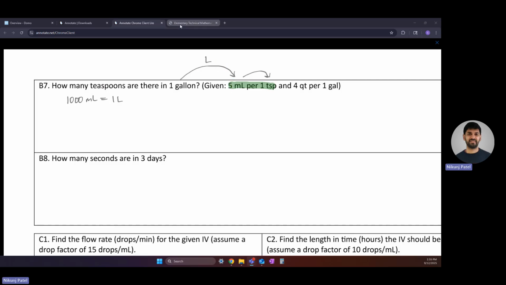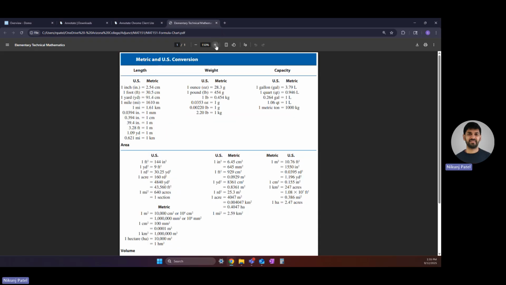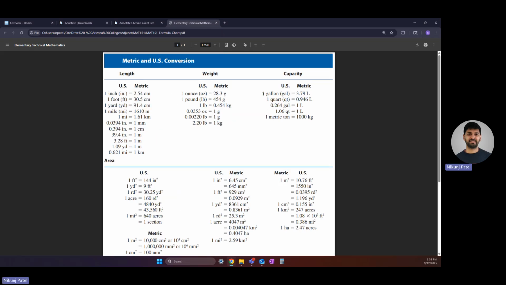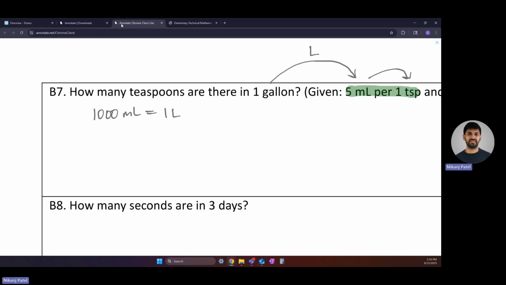If we refer to our formula chart here, when we think about gallons, the only conversion factor that has gallons here is this one. 1 gallon is equal to 3.79 liters. So we may possibly need that conversion factor as well, that 1 gallon is equal to 3.79 liters.